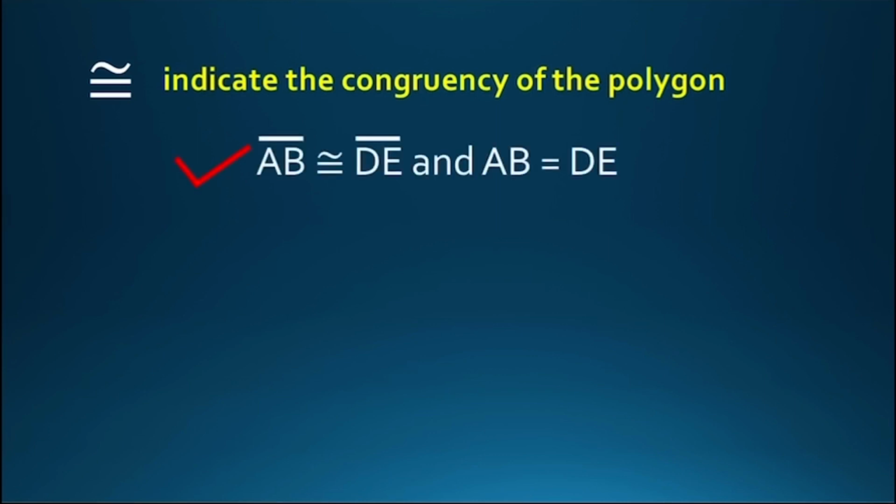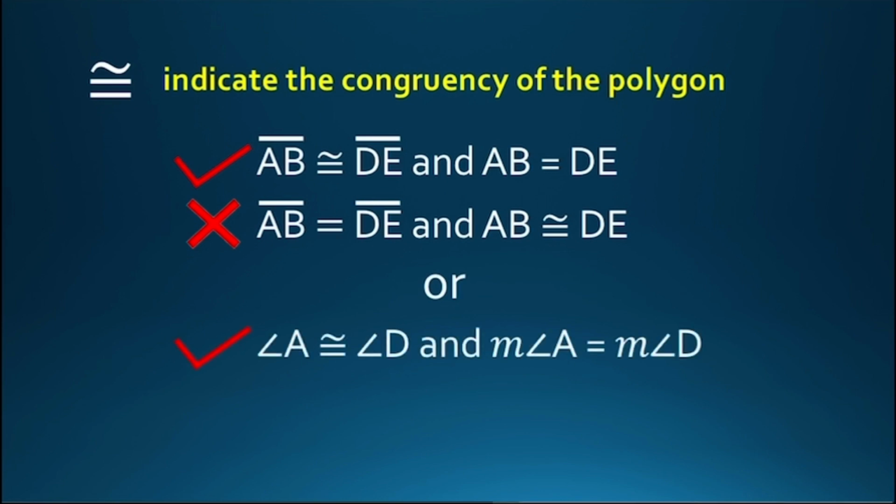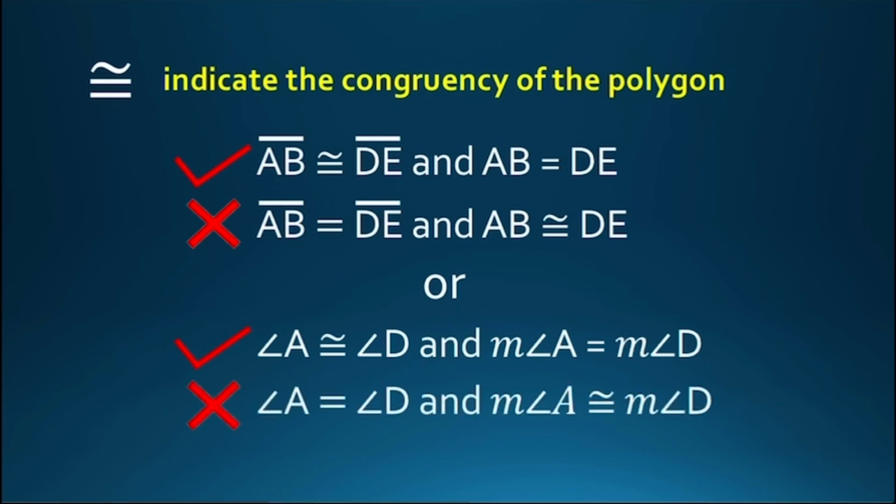Therefore, you cannot write line segment AB is congruent to line segment DE and AB is equal to DE, as line segment AB is equal to line segment DE and AB is congruent to DE, or angle A is congruent to angle D and the degree measure of angle A is equal to the degree measure of angle D as angle A is equal to angle D, and the degree measure of angle A is congruent to the degree measure of angle D.